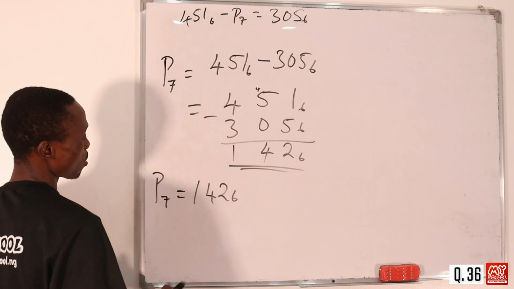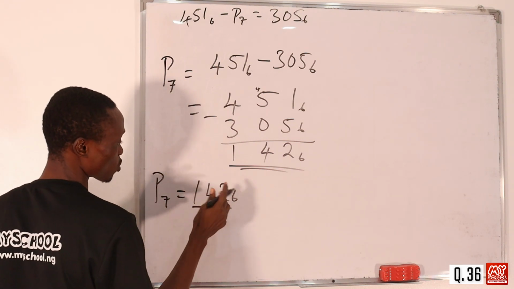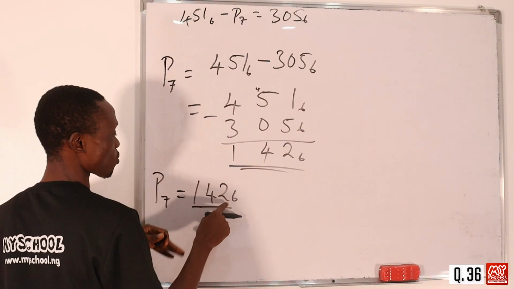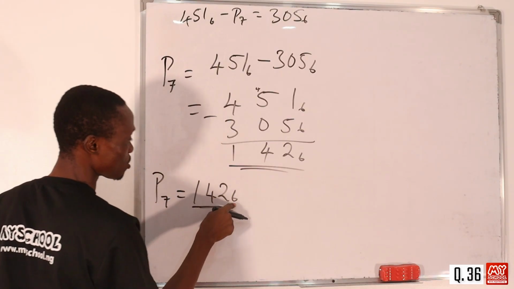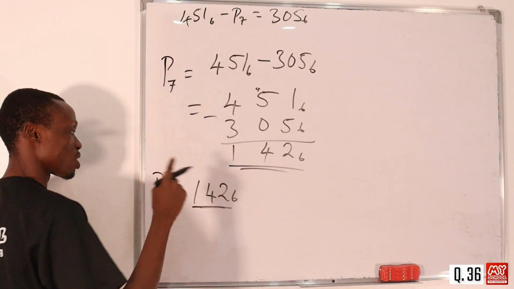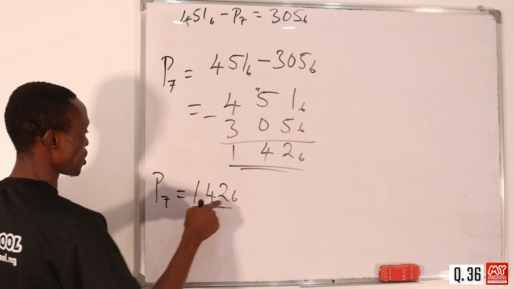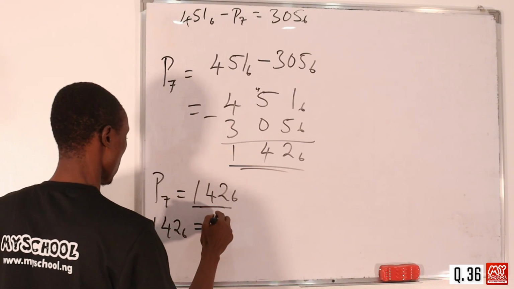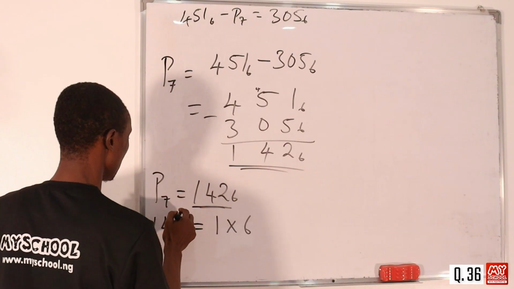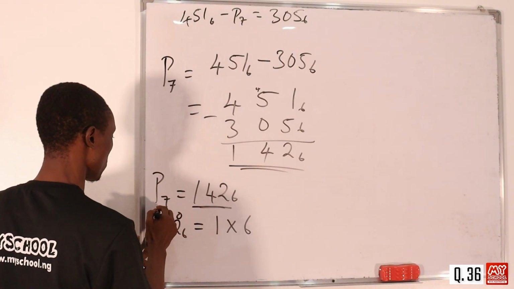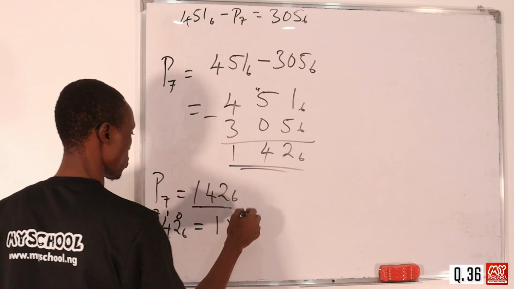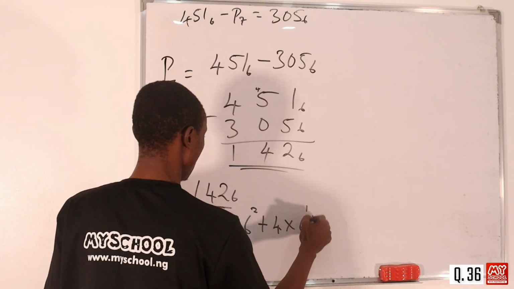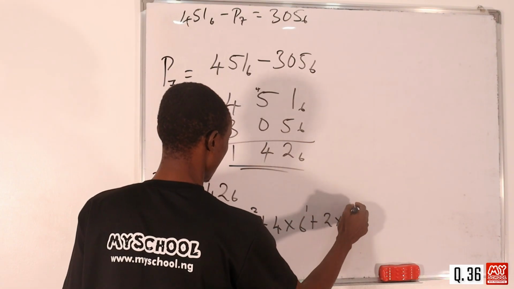So now we have P in base 7 equal to 142 in base 6. Basically, we have to convert this 142 in base 6 to base 7. For us to do that, we'll first convert this number from base 6 to base 10, then from base 10 we'll convert it to base 7. So 142 in base 6 is equal to 1 times 6 raised to power 2, plus 4 times 6 raised to power 1, plus 2 times 6 raised to power 0.